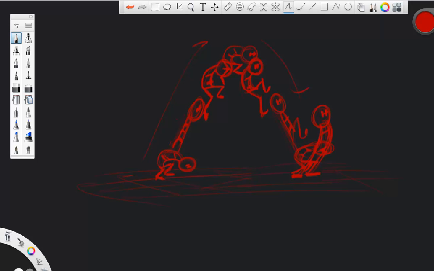You see, it is super easy to sketch. And obviously, in between here will be another pose. Like the feet would be here, and then it starts moving.